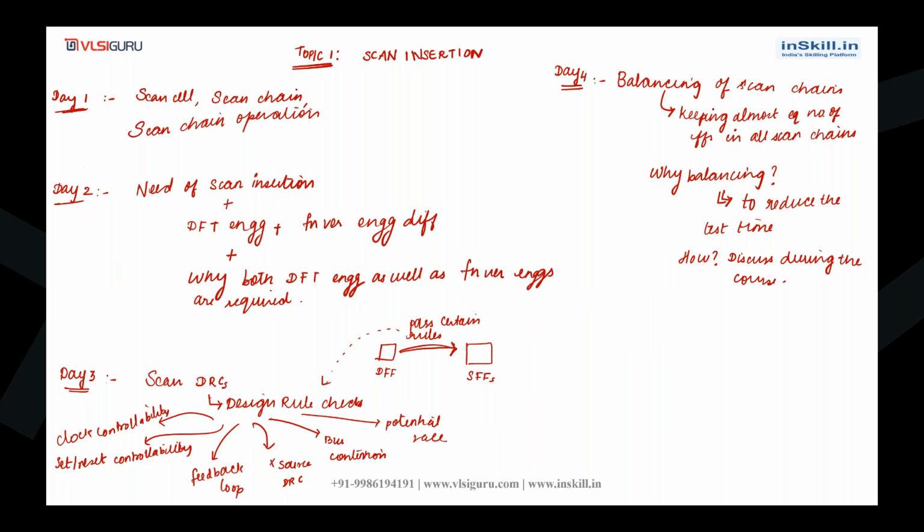Now, if you want to achieve balancing, if you want to have almost equal number of flops in all the scan chains, then you need to go for certain techniques like edge mixing and domain mixing.